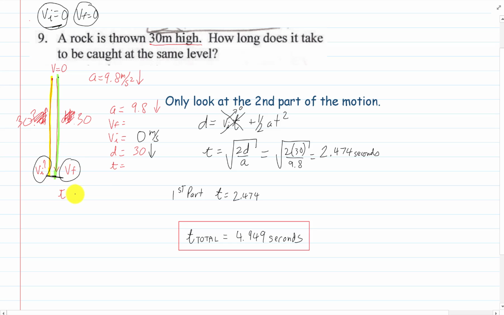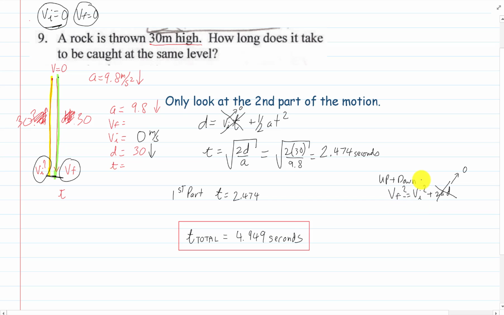I can just quickly prove that because when it's caught at the same location, going up and down together, we're going to use VF squared equals VI squared plus 2AD, and the displacement is 0. So this term is 0. That means VI squared has to equal VF squared. One could be the negative of the other because they have to be equal in magnitude, just opposite in direction. So there's the proof that they're going to be the same magnitude.